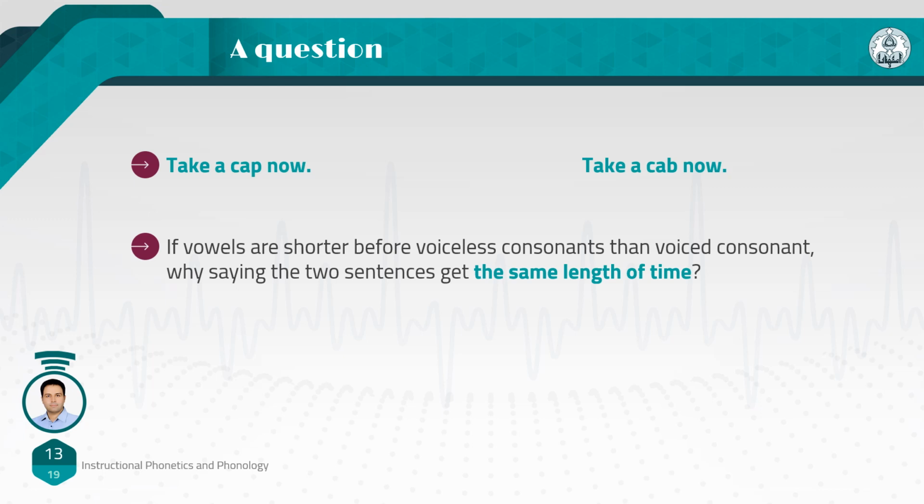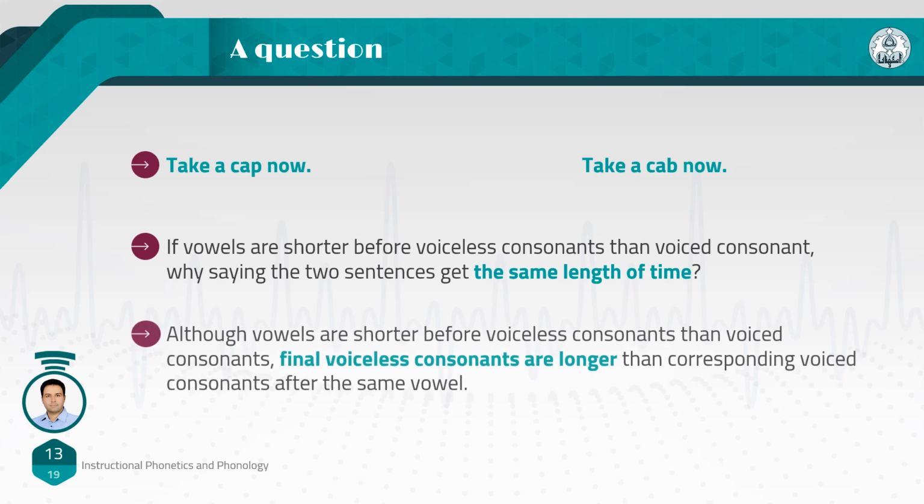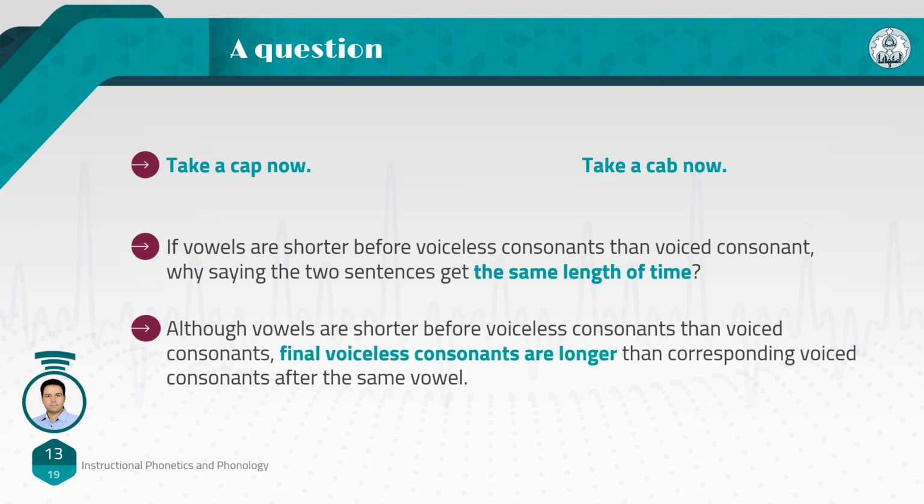Now, what is the reason? This is because the whole word cap is only slightly shorter than the whole word cab. The vowel is much shorter in cap than in cab, but the consonant p makes up for this by being slightly longer than the consonant b.